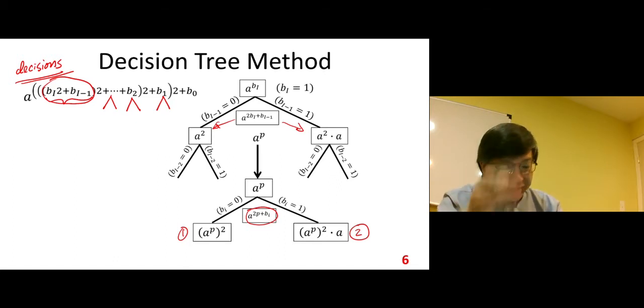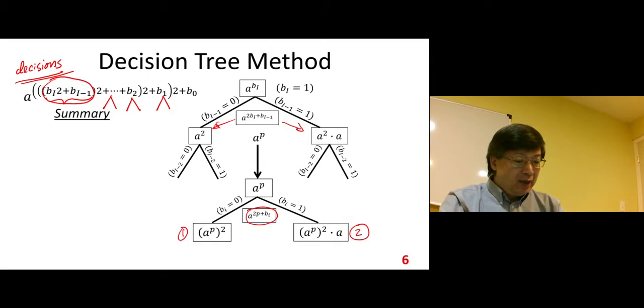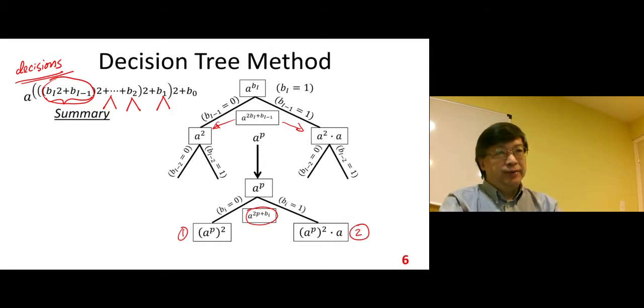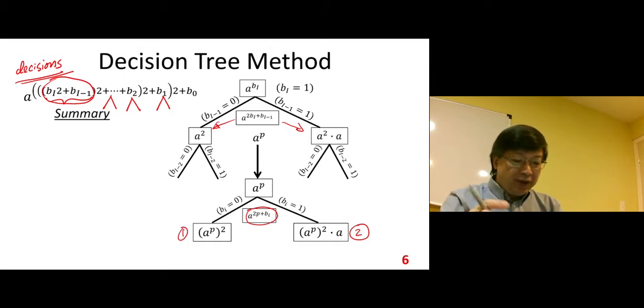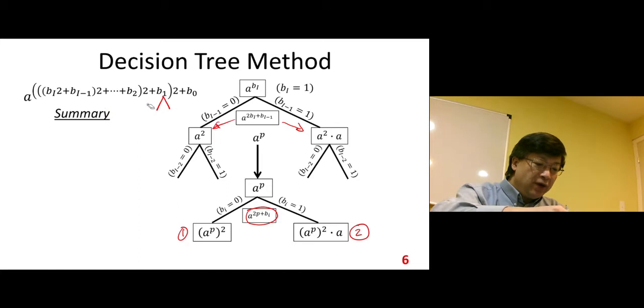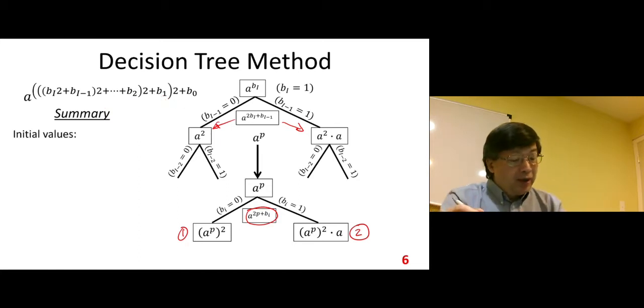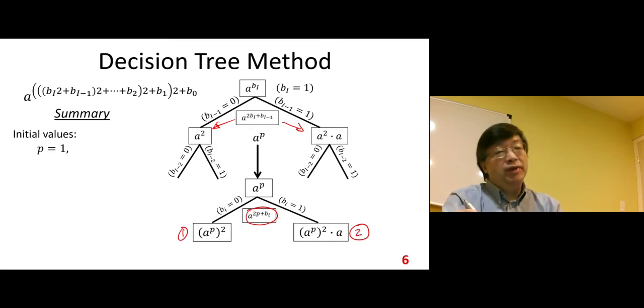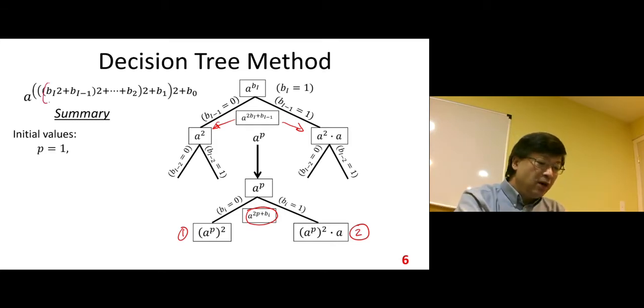You can see that this way, we can do things quite differently. Let me make a summary here, to make the picture better organized. First, for the initial values, p equals 1, because the most significant bit is always 1.